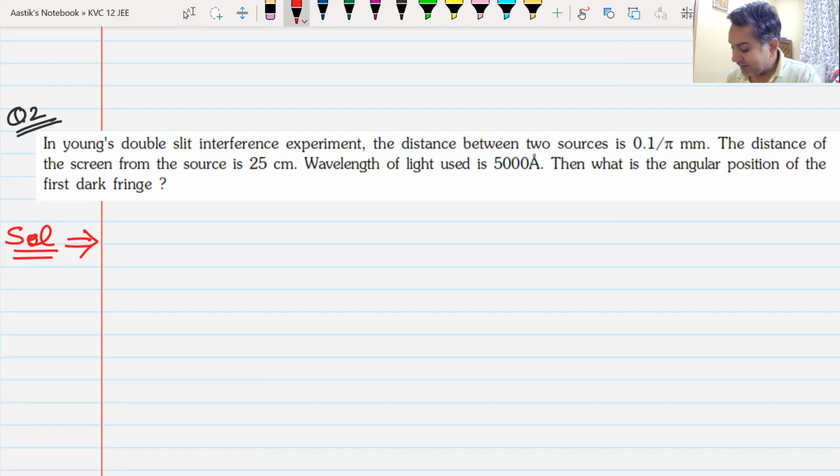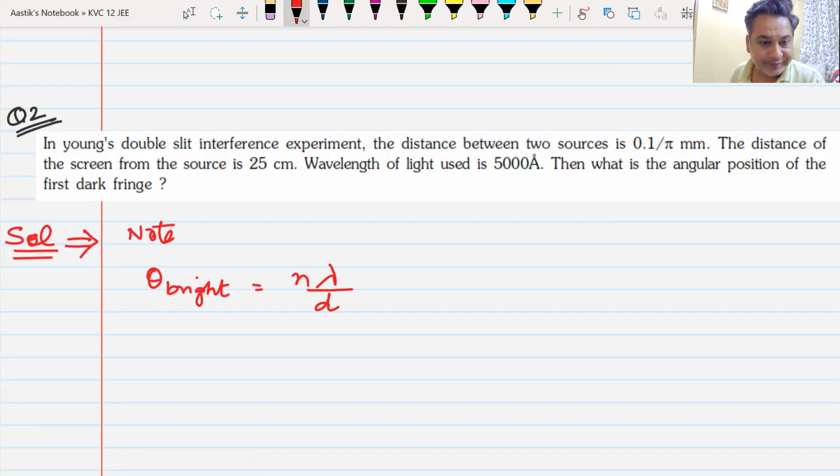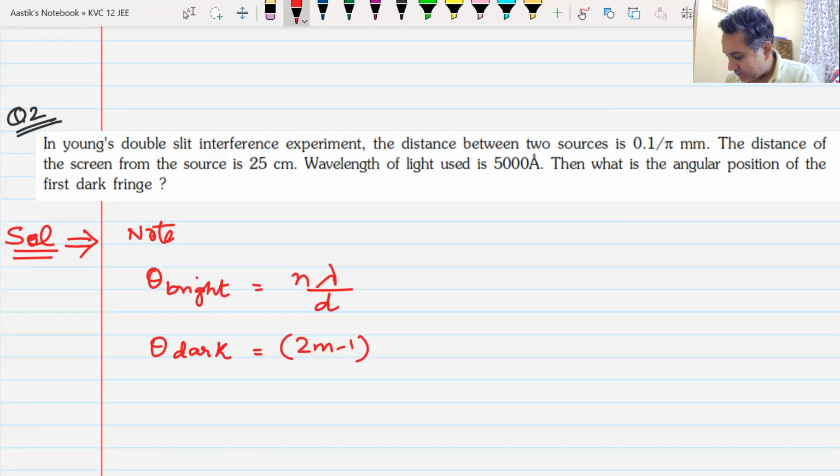So you can take a note. Angular position for the bright fringe: the nth bright fringe is n lambda by small d. That is the angular position. For the nth dark fringe, how will you find it out? It is (2n minus 1) lambda by 2d.